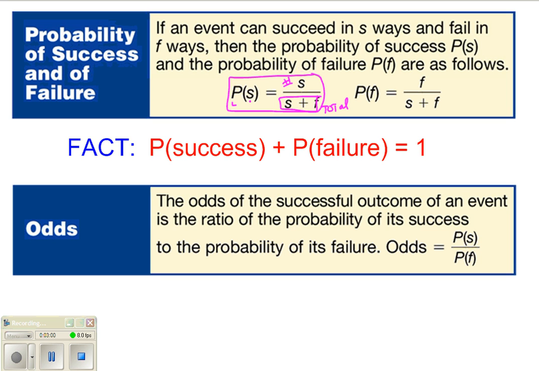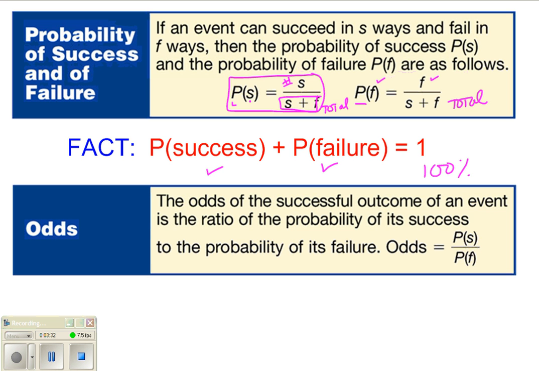If I want the probability of failures, I put my failures on top over the total number of successes and failures on the bottom. One thing we know for sure: if I added up the probability of successes plus the probability of failures, it would have to equal 1, or 100%, because either it is or it is not. No in-betweeners.